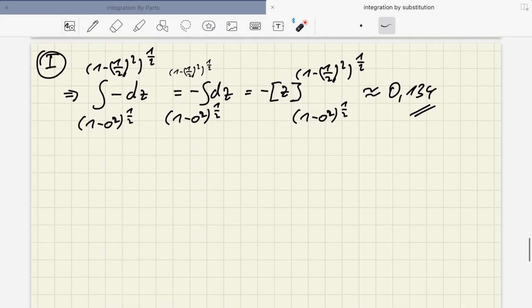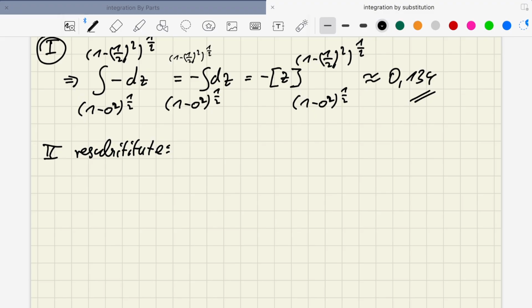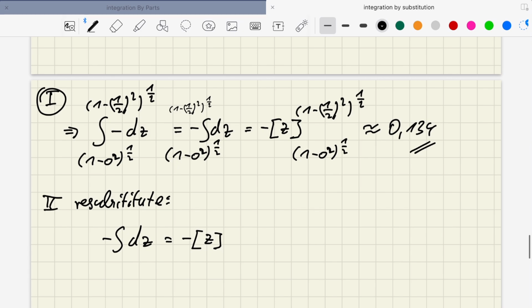Second option is the resubstitution. First, resubstitute. So you have minus the integral dz, which is equal to minus the integral of z. Which is equal to minus.